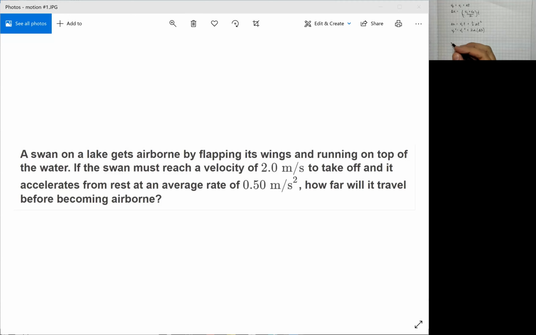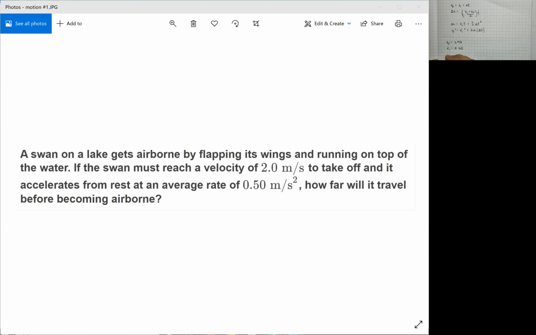So what I'm going to do is write down the information that I know from this problem. I know that the swan must reach a final velocity of 2 meters per second. It starts at rest, so I know its initial velocity is 0 meters per second.